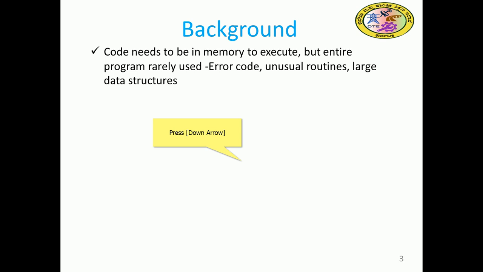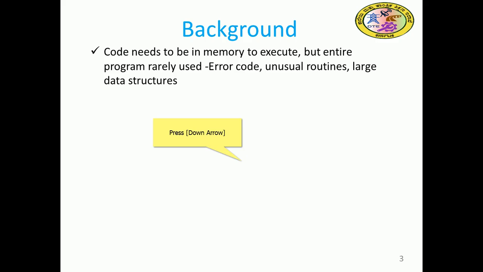The other parts of the program are error code, unusual routines and large data structures, right? For example, take the roots of a quadratic equation. In that case, we have error routines and display routines: display roots, complex conjugate roots, real roots, like that.